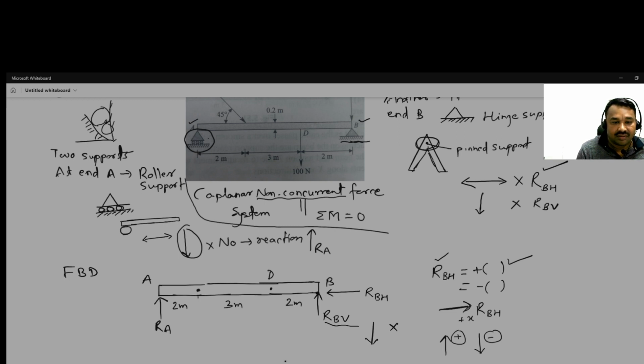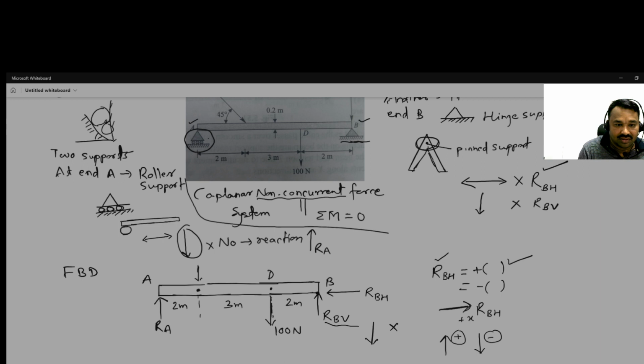Okay, from here this force is 100 Newton and this is inclined. Okay, so after resolving, what will be the inclined force can be resolved.